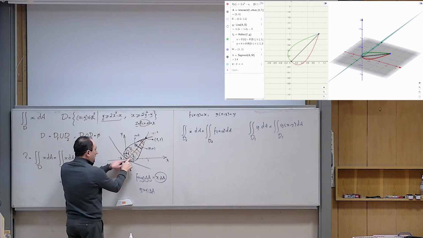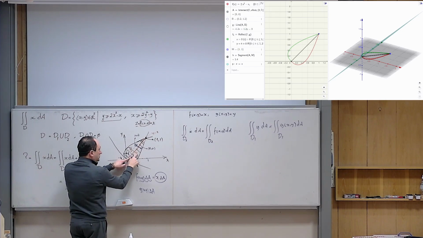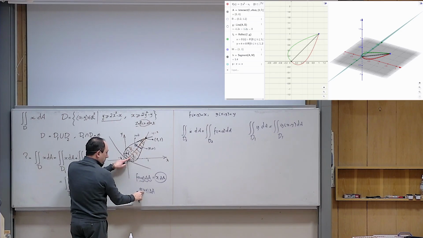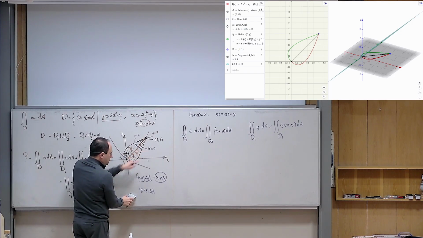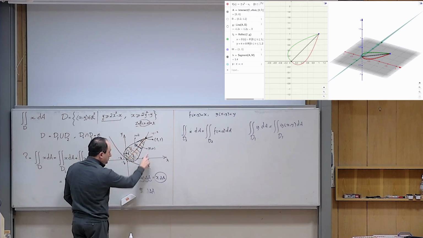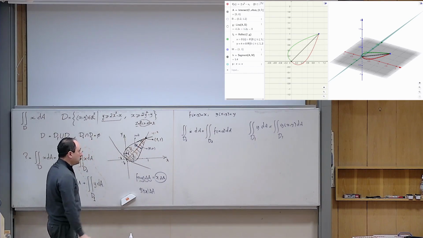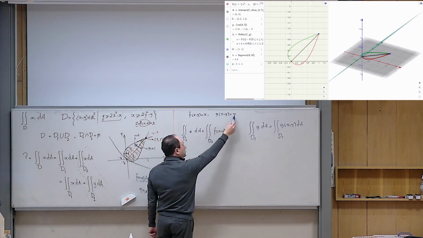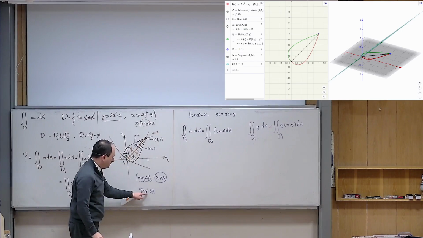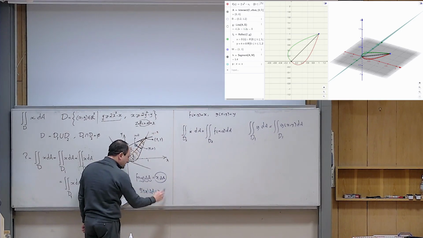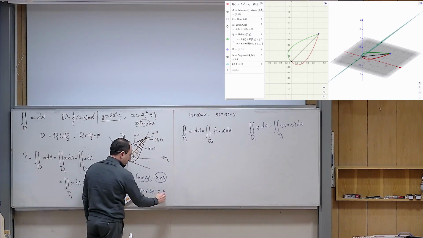So when I am trying to find all contributions, when I reach this point, then I have to put the coordinates of this point into my function g. But g function gives you the second coordinate. So it will give you the second coordinate, which is x again, and then times delta A.